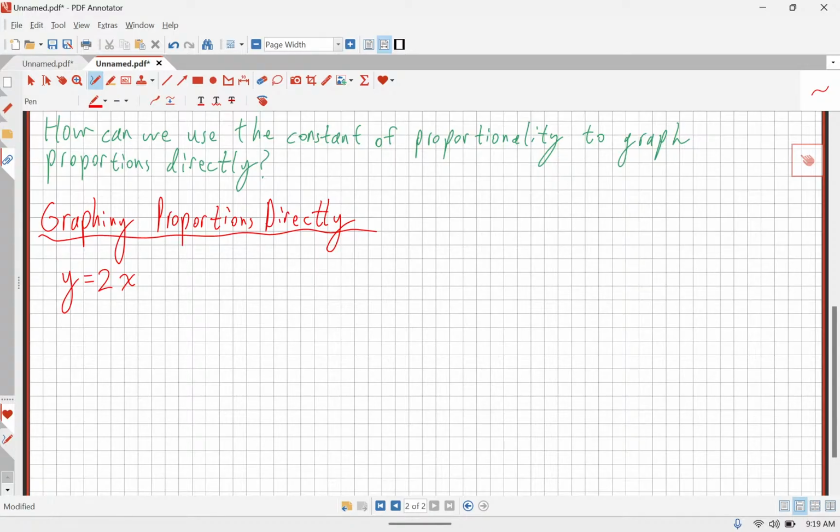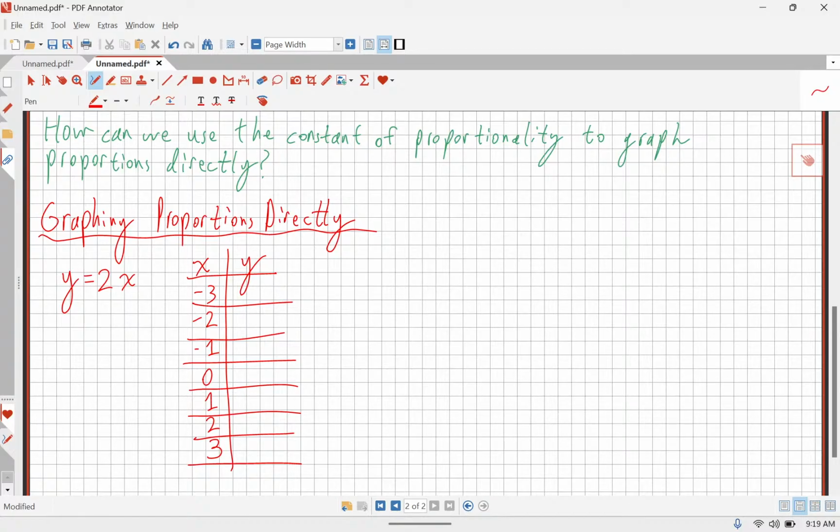If I make a table, x and y, and I put these numbers on my x's, -3, -2, -1, 0, 1, 2, 3. Since this is just numbers floating around in space, there is no context and negative numbers are totally allowed. All I'm saying is y is 2 times x. If you want to know what y is, you just take x and multiply it by 2.